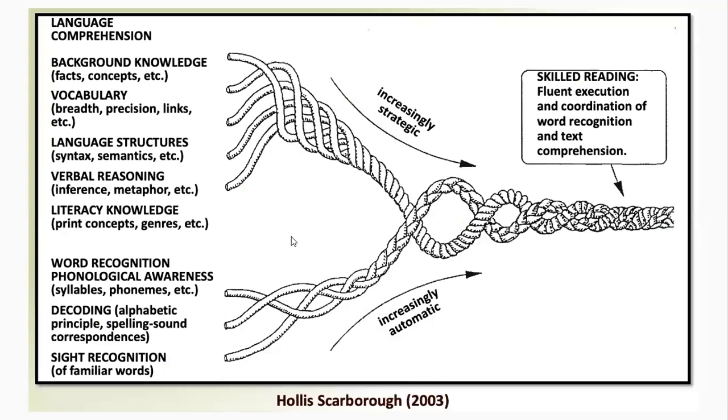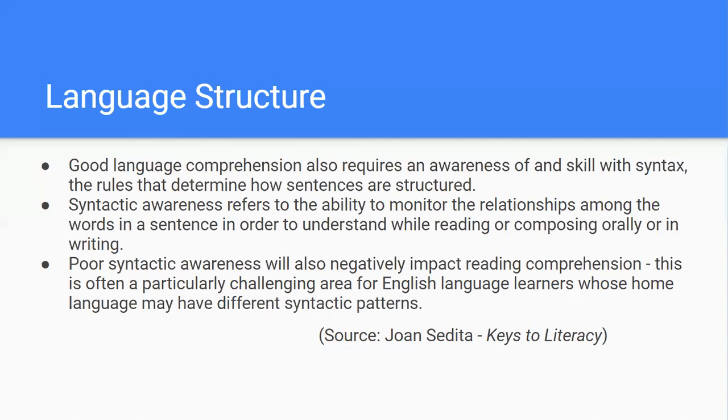And remember, the more that we can get the decoding strands increasingly automatic, and the more that we can get the language comprehension strands to be increasingly strategic, the greater likelihood we're going to lead to a skilled reader, someone that can critically think about and critically read text.